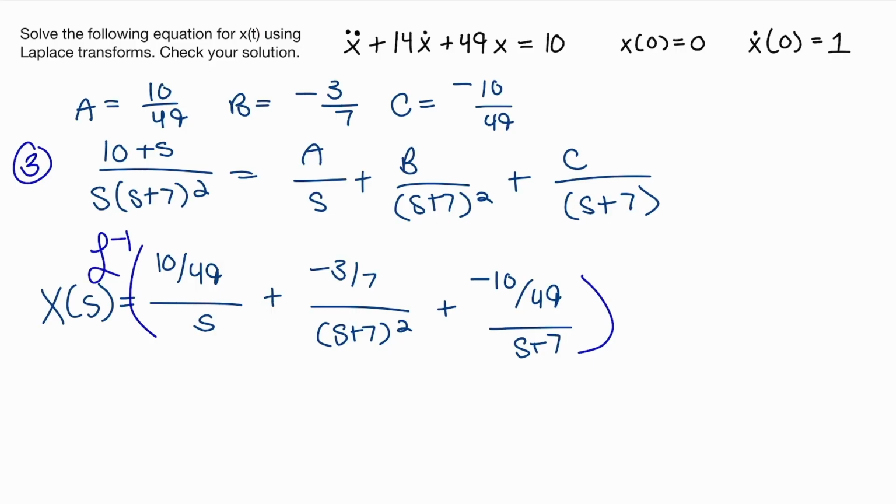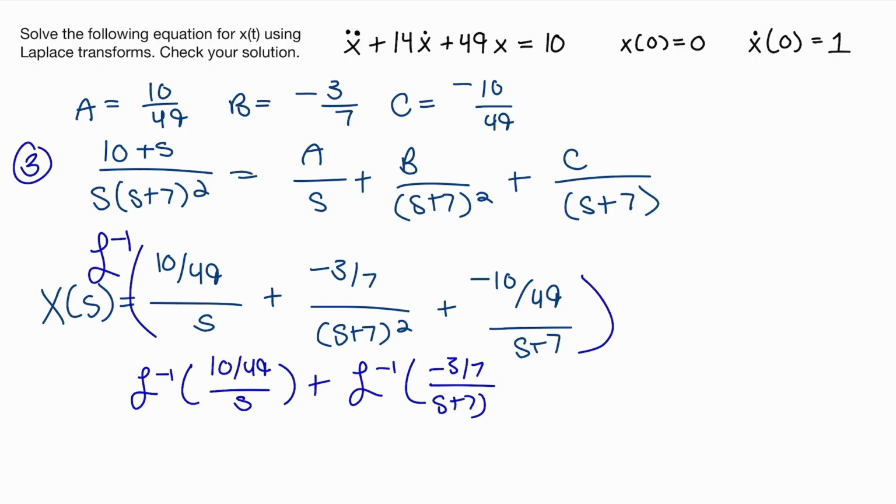What this does also is you can look at it term by term, like I said. So this is the equivalent of taking inverse Laplace of 10 over 49s plus inverse Laplace of negative 3 over 7 (s plus 7) squared plus inverse Laplace of negative 10 over 49 (s plus 7).